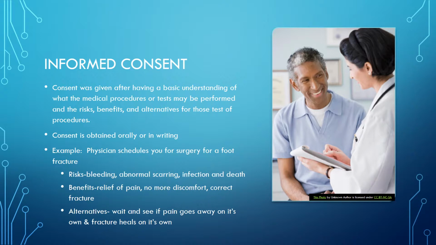So your physician will explain the risks that are involved in having a surgery for a foot fracture. For example, bleeding, abnormal scarring, infection, and even death. The physician also explains the benefits, which could include relief of pain, no more discomfort, and to correct the fracture.